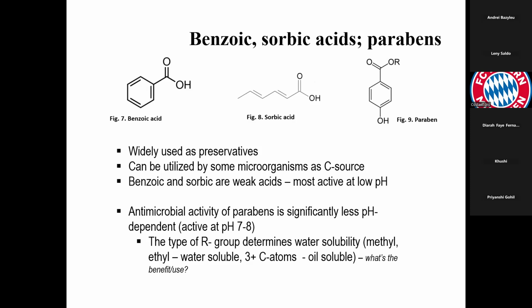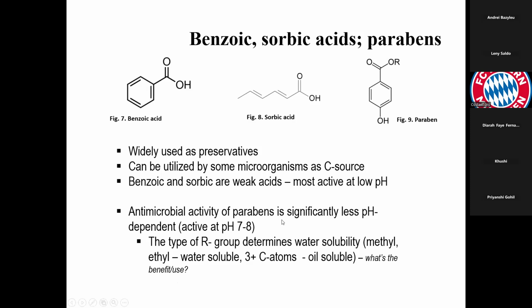So the benzoic acid and the sorbic acid were found to be quite a bit pH dependent in their activity, while parabens are not. So even if the product changes texture over time, changes pH over time, parabens are still efficient. So that is very good.